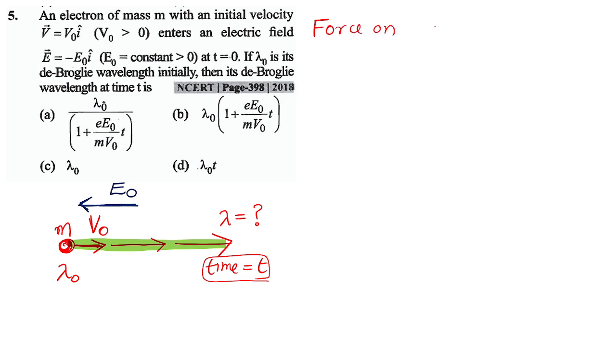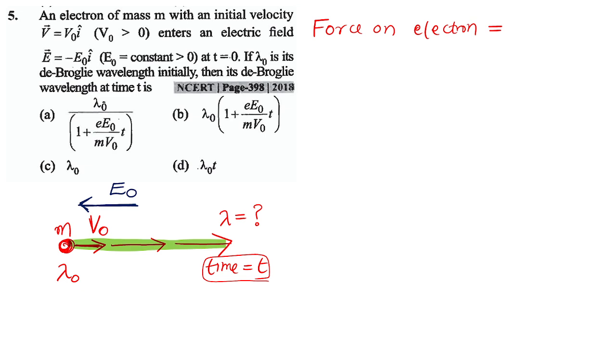Force on electron. Let me write all important steps. The electric field is the force per unit charge, that is E0. The electron has the charge e.